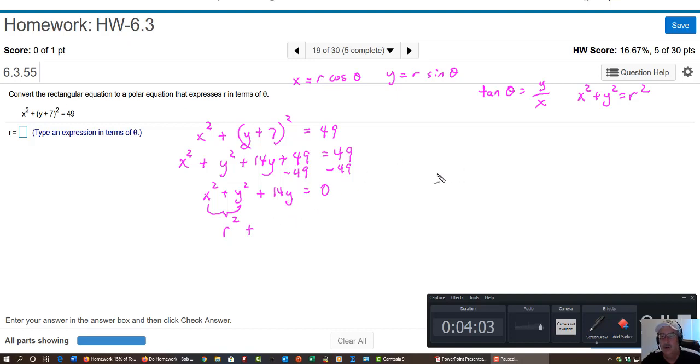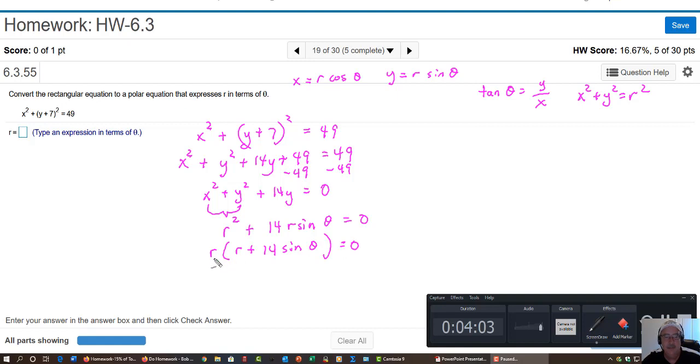Which one would you start looking at up top there? I'm thinking 14 r sine theta equals 0. Now again, you can factor an r out of here and get r times (r plus 14 sine theta), and of course that equals 0.